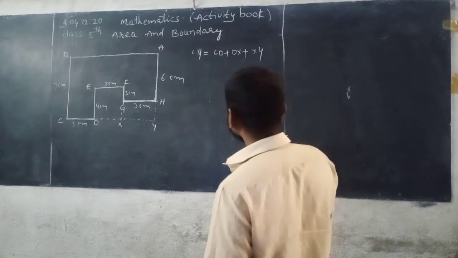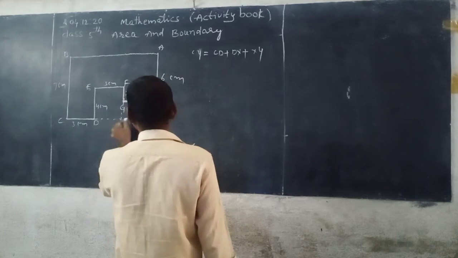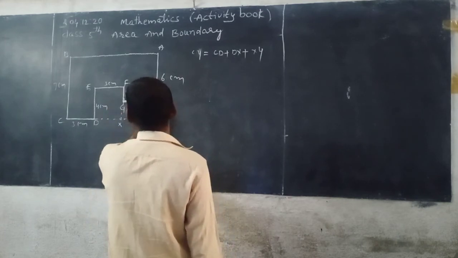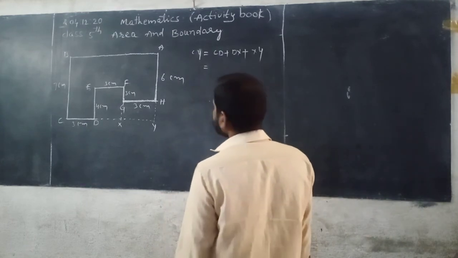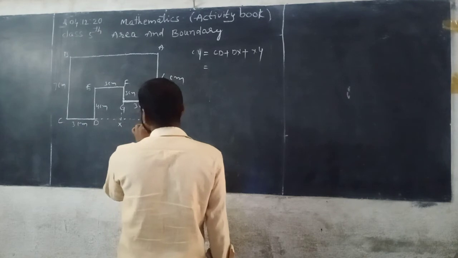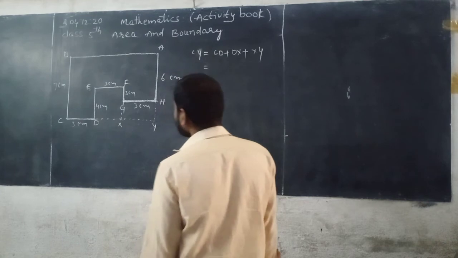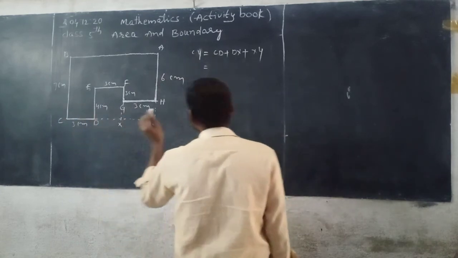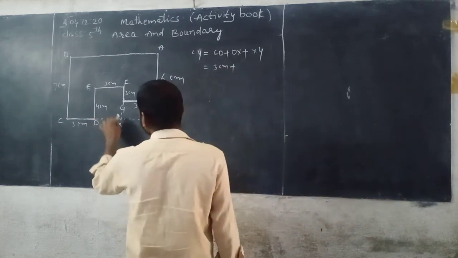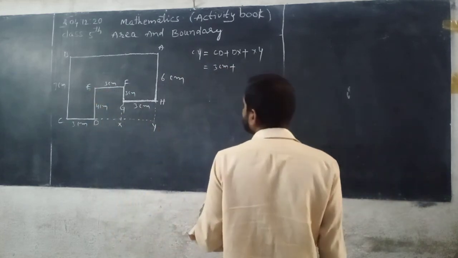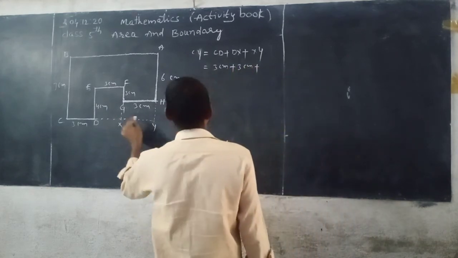Okay, see here, DX is parallel to EF, XY is parallel to GH. So first CY is divided into 3 parts, that is CD plus DX plus XY. CD is equal to 3 centimeter plus DX. DX is parallel to EF, then you can write DX is equal to 3 centimeter plus XY.